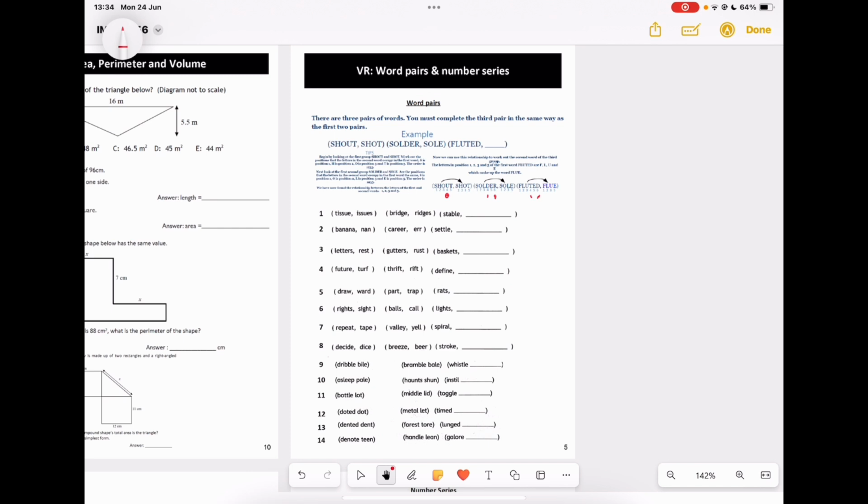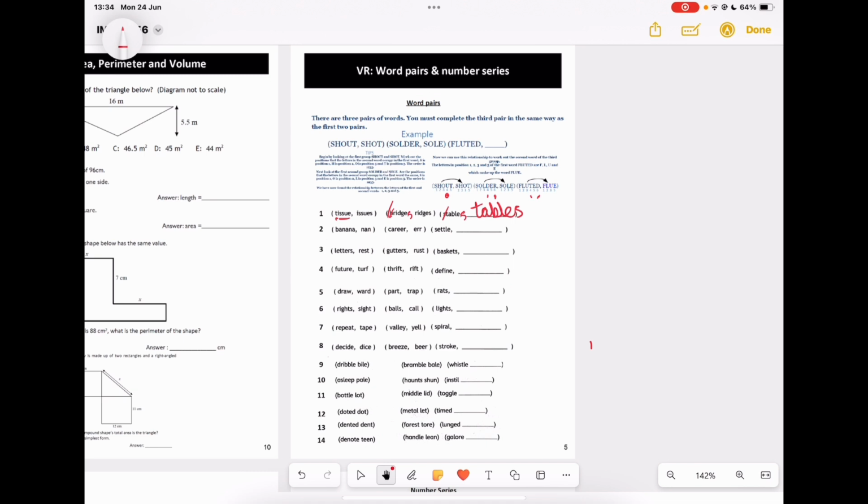So you can see here that with tissues to issues, it's removing the first letter T, and then taking issue, and then it's adding an S. With bridges to ridges, it's removing the first letter B, taking ridge, and then adding S. So in this table, we're going to remove the first letter S, and then add an S to the end. So the answer will be tables. Tables.